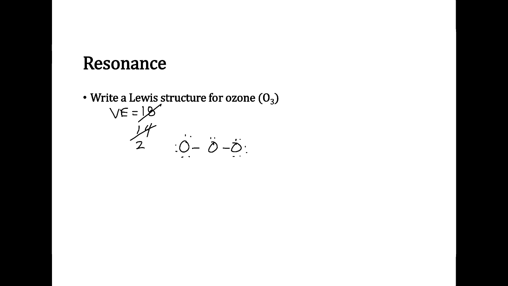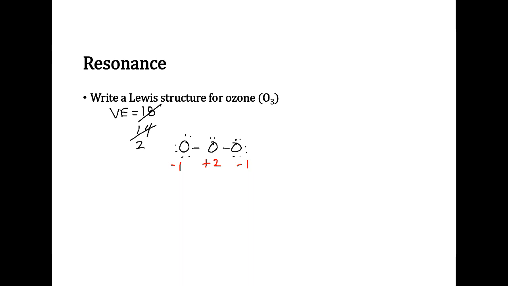So let's assign some formal charges. The oxygens on the ends, the terminal oxygens, have a formal charge of -1. The central oxygen has a formal charge of +2. Whenever we're deciding whether something needs to obey the octet rule or whether we should minimize formal charge, things that are in the second period need to obey the octet rule.